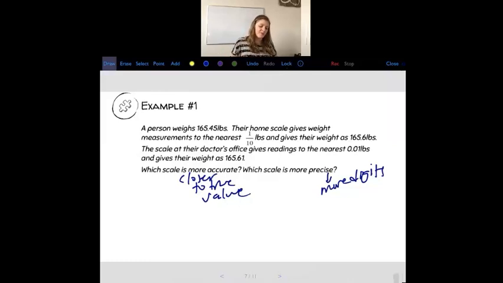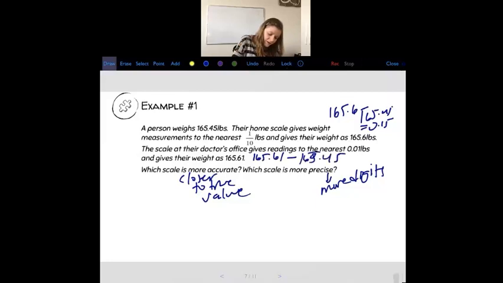So in order to determine which is more accurate, you could take a look at the difference between the true value and the mistaken value. In this case, 165.6 minus 165.45 would be a difference of 0.15. And 165.61 minus 165.45 would be a difference of 0.16.